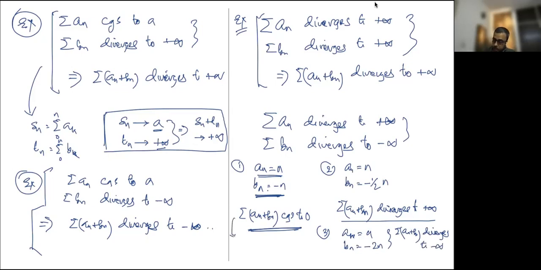And similarly, from here, let's say you take a_n to be this, b_n to be minus n plus something, then summation a_n plus b_n. a_n plus b_n is going to be minus 1 to the power n. And we have seen that the series whose nth term is minus 1 to the power n does not converge, does not diverge to anything. So it does not have a limit.